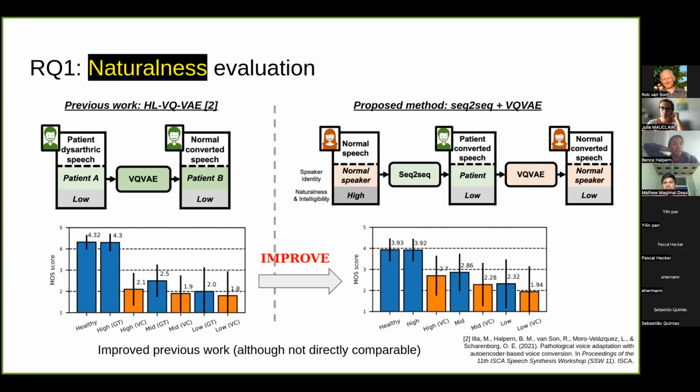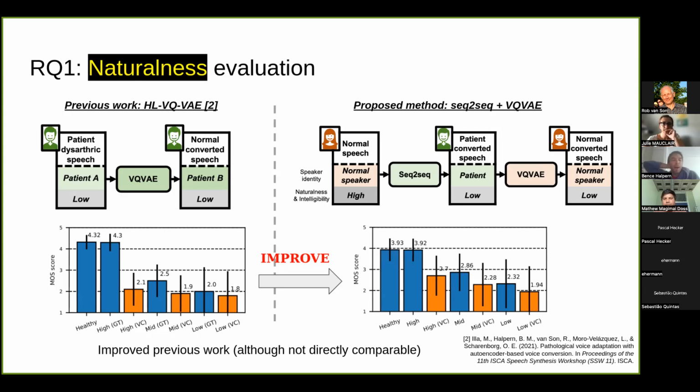In that case, the naturalness score of another dysarthric speaker is also going to be affected by the severity. But here we try to match the severity during the conversion, which means that both are affected by the severity in the same way. I'm not explaining it very well, but maybe that answers the question. Yeah, that's good. Thank you, Bence.